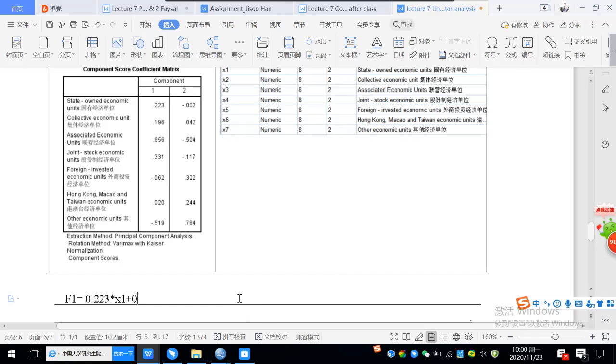Add 0.196 multiply collective. Collective is x2. Okay, and then add associate economic units x3 0.656.